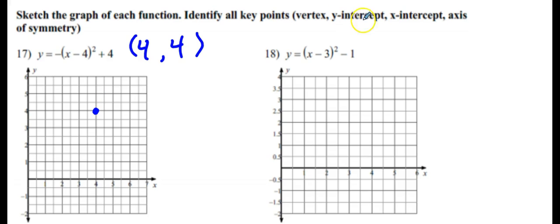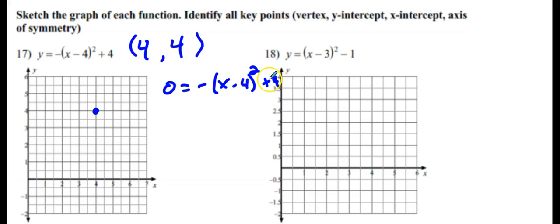Now, how do we find the x-intercepts? I should say, how do we find the y-intercept? That's when x is equal to 0. So I'm going to write that in. 0 equals negative x minus 4 squared plus 4.